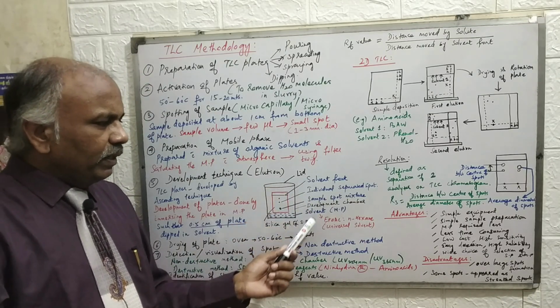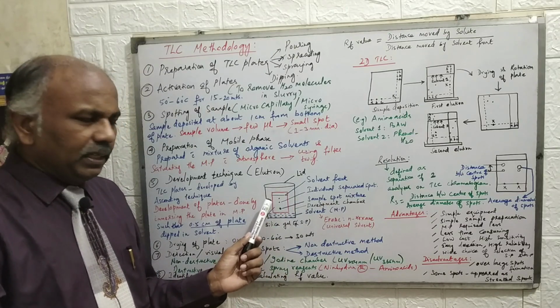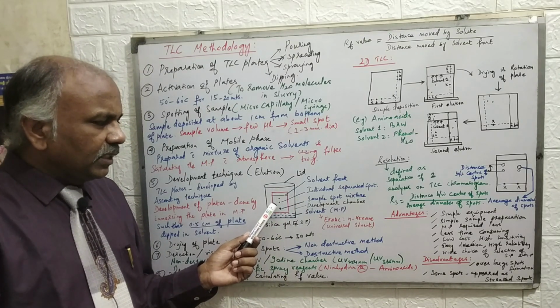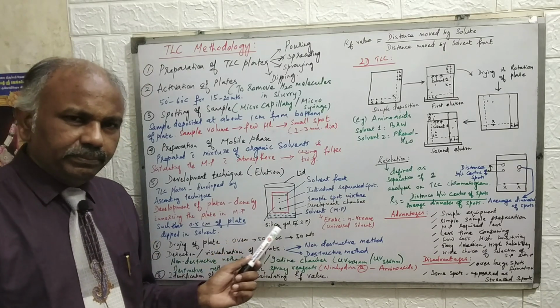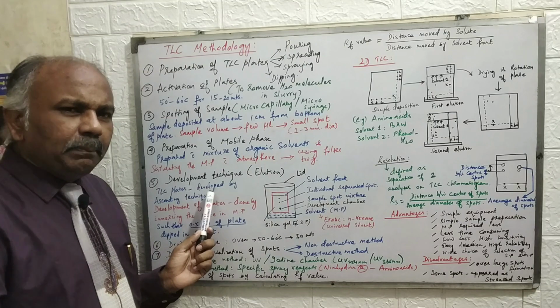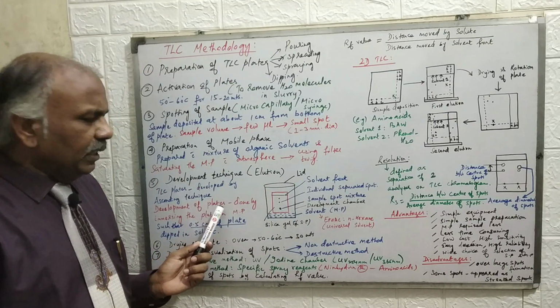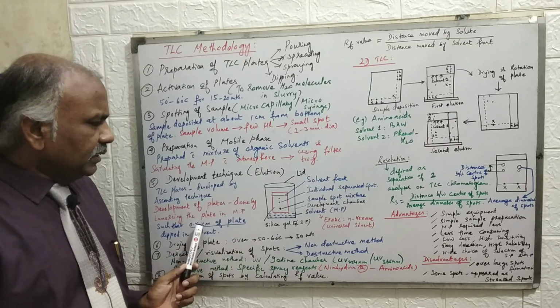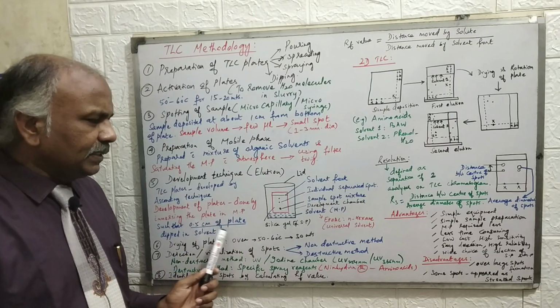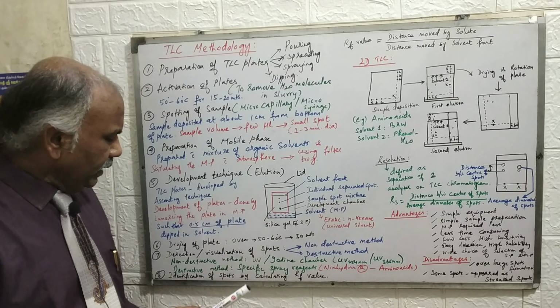That is also very important, and this is the development chamber. The silica gel is the stationary phase here, coated on the TLC plate, particularly silica gel G. The TLC plates are developed by the ascending technique, by immersing the plate in the mobile phase such that 0.5 centimeter of the plate is dipped in the solvent, right?